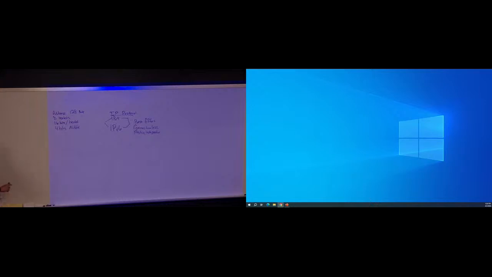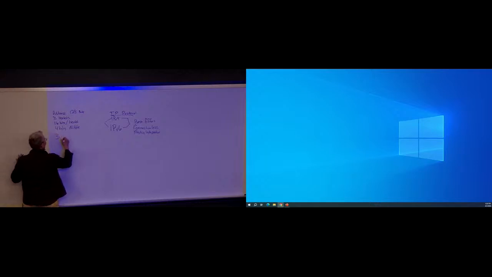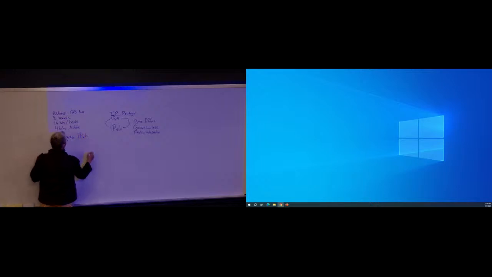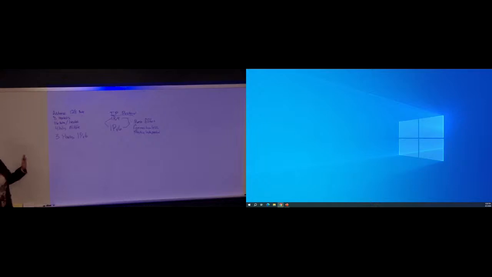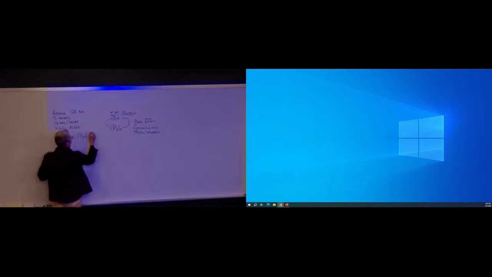How many parts make up an IPv6 address? You can't answer that question because it's your question. There's 3 parts to an IPv6 address. We all agree with that? What are the 3 parts?